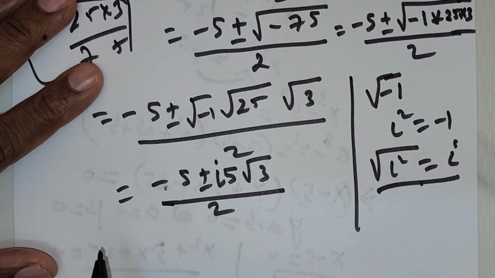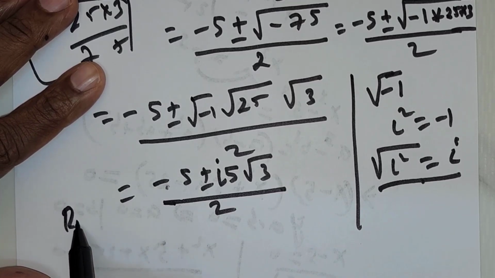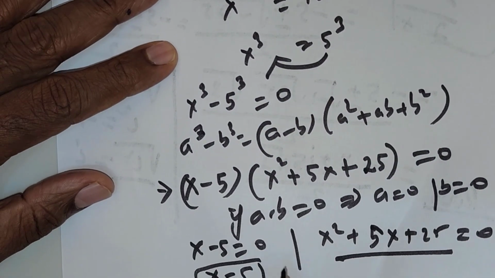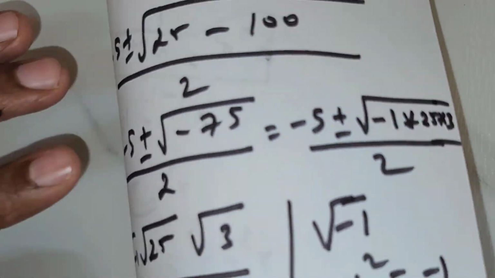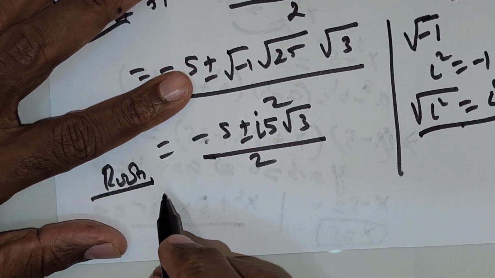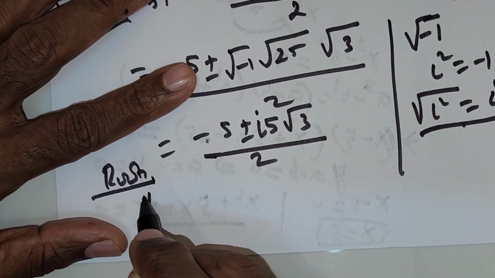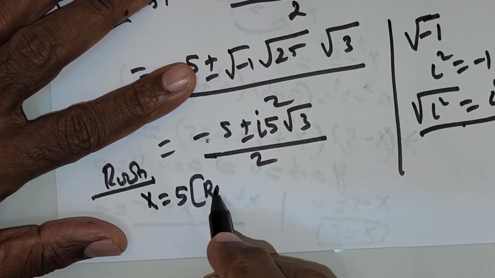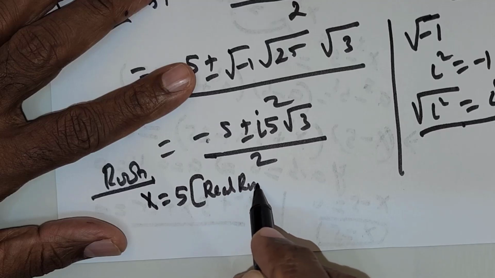So if you are asked to write all the roots, we already got x is equal to 5 to be a root. It's a real root. So you can state here x is equal to 5 is a root, and within parentheses probably you can state it as a real root.